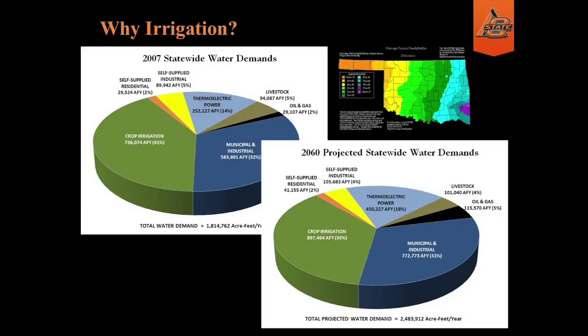This is the projection for 2060. It's a little bit less, 36% if you look at the proportion, but if you look at the total amount, it shows an increase, and it's still the largest user of water in the state of Oklahoma. So we're not much different than the global situation with crop irrigation being the largest user.